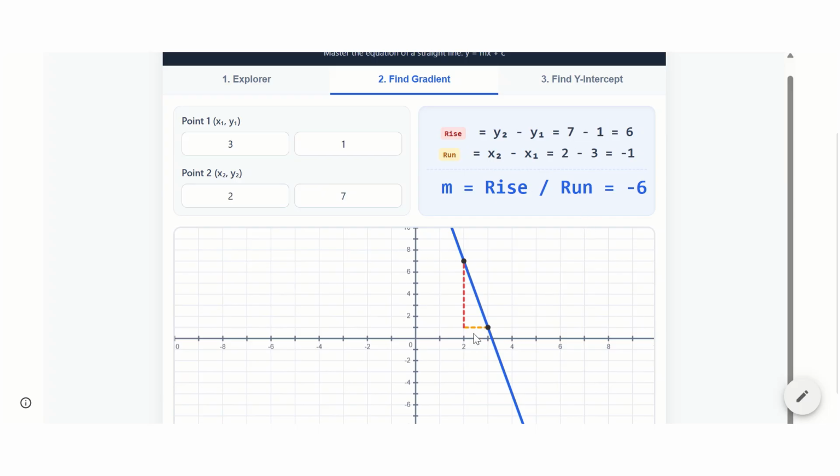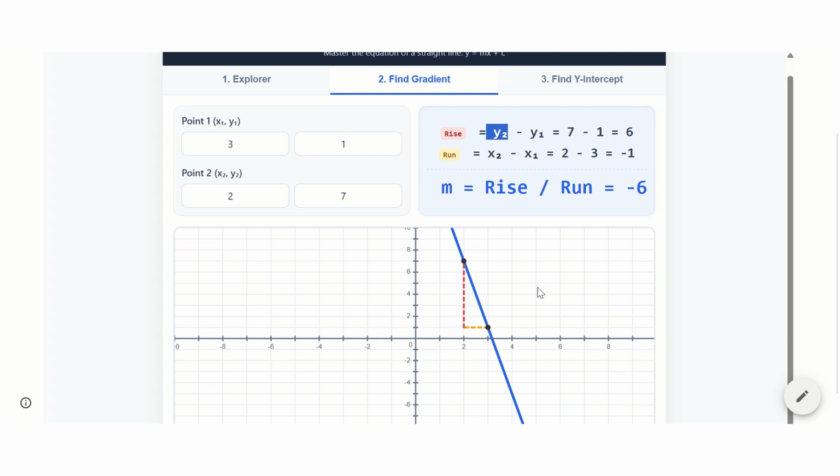Then the run is 1 unit here, but it's negative 1 because, like I mentioned, the line is slanted in this direction, so it's negative 1. Or just take 2 minus 3, x2 minus x1. Because you start off with y2, you have to use x2. You cannot mix. You cannot use y2 minus y1 and then x1 minus x2. No, you can't. If you use y2 minus y1, then the run must be x2 minus x1.